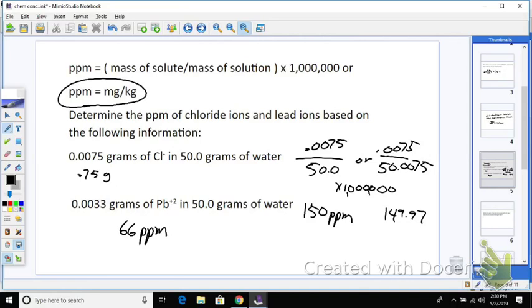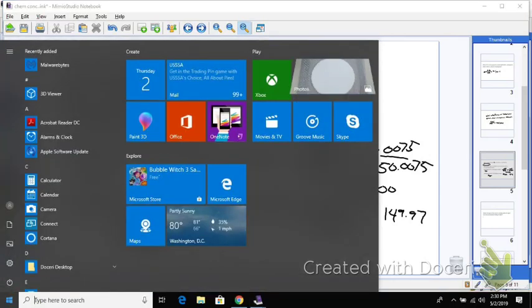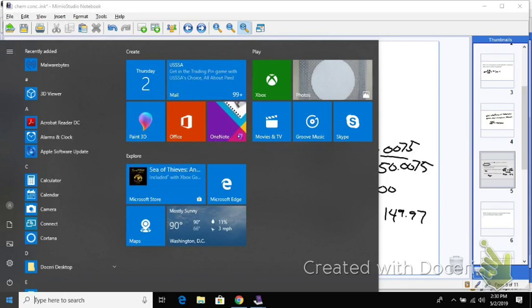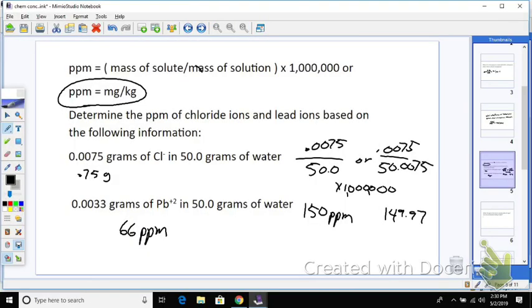No. Let's say that there was 66 parts per million of lead. That would be terrible. That'd be detrimental. Yeah, you would die from that. Well, if you kept drinking it. The thing is, your body doesn't get rid of lead.